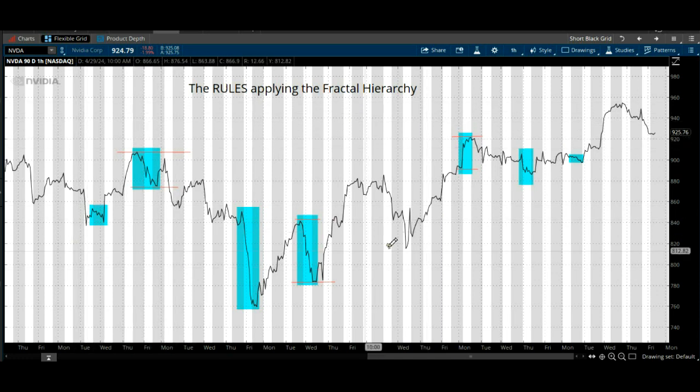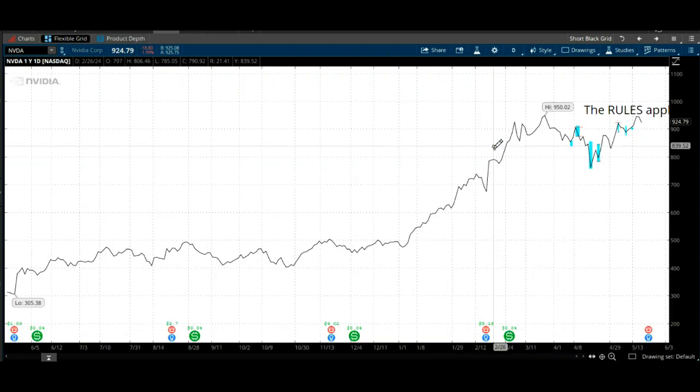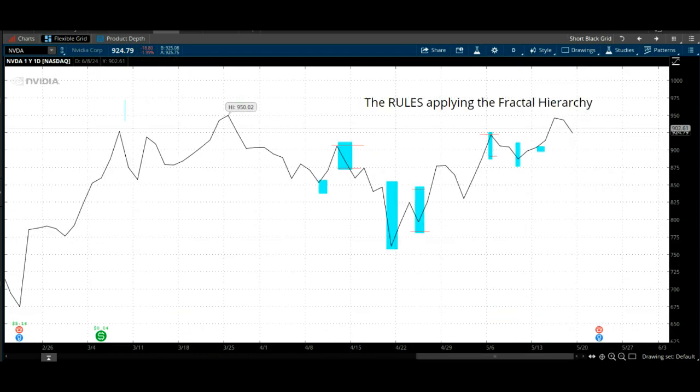So again, I wanted to explain the idea of the hierarchy. If you look at the daily, you're not going to find too much. Again, let's go to the daily here. Looking at daily, you don't know what's going to happen there.